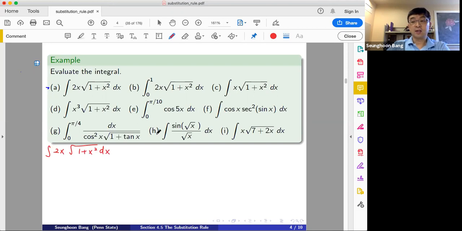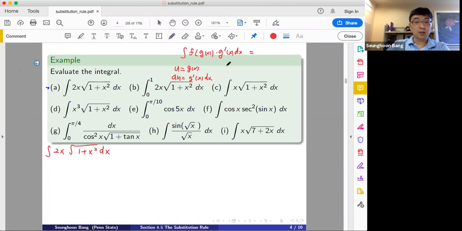Was it like u substitution? Here, remember? Integral f of g of x times g prime of x dx is given, and u is usually the inner function from the composite function. You can use u equals g of x, and du is g prime of x dx.